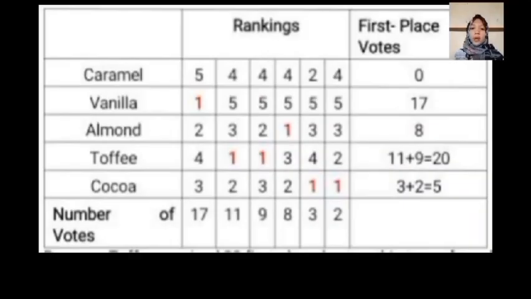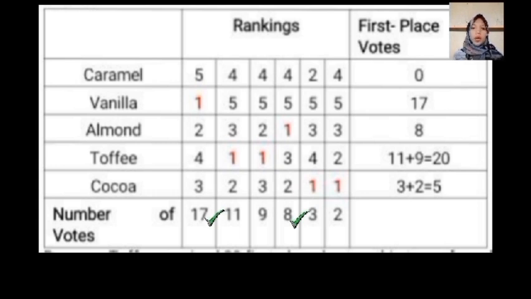So, as we can see, the 5 varieties of chocolate candy are caramel, vanilla, almond, toffee, and cocoa. Makikita natin na ang caramel ay walang nag-rank sa kanya as 1. Dito sa vanilla, nag-rank 1 siya sa 17 voters. Unlike sa caramel na walang nag-rank 1. Sa almond naman, nag-rank 1 ang almond sa 8 voters.